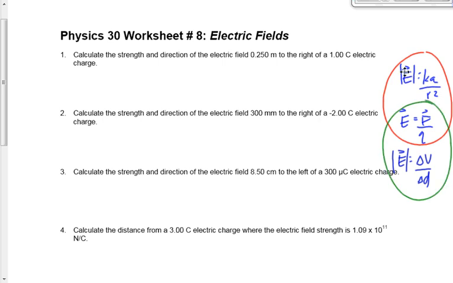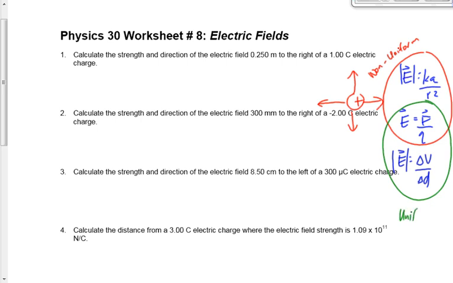The top 2 equations describe a situation where we have a non-uniform electric field. In other words, we're dealing with the electric field surrounding a positive producer or surrounding a negative producer. The bottom situation is when we have a uniform electric field.